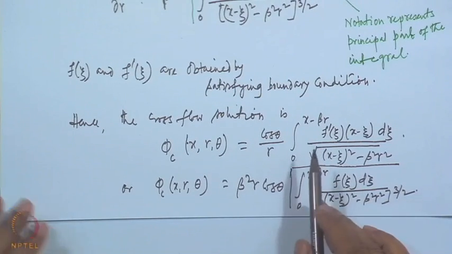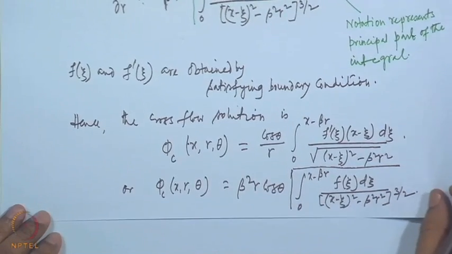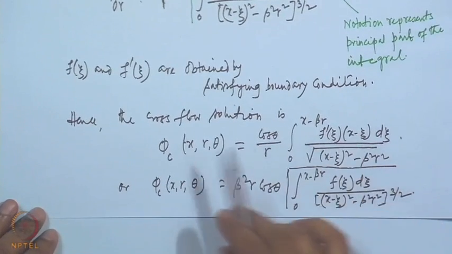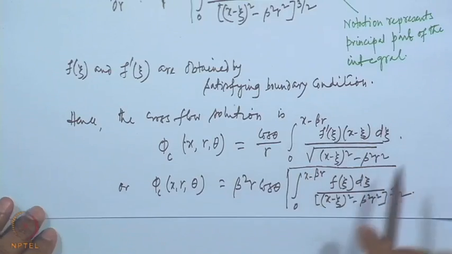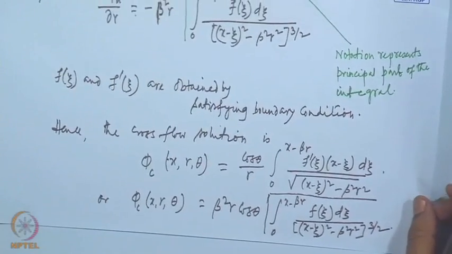So, as a cross flow solution we can use any of these to find the cross flow potential, provided we know the strength of the singularities f xi or f prime xi.